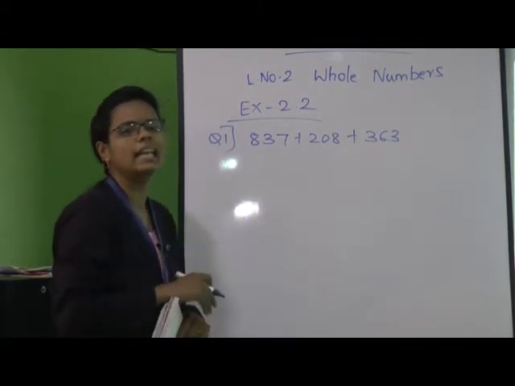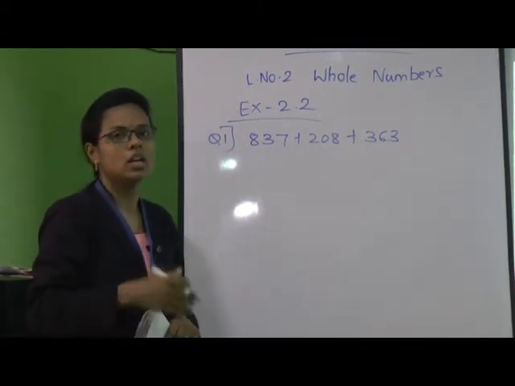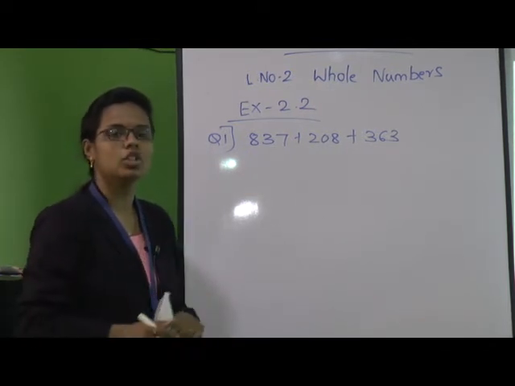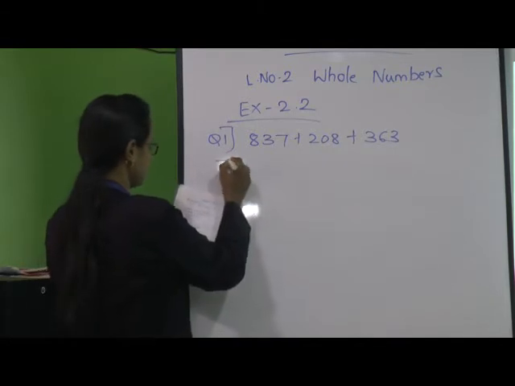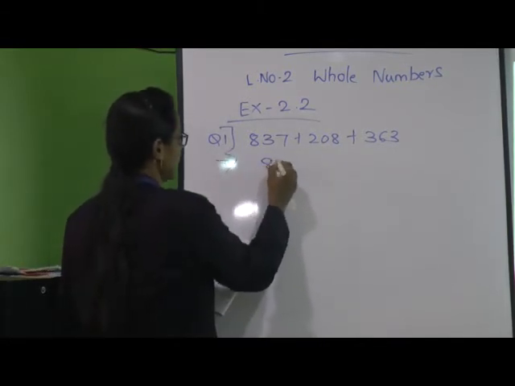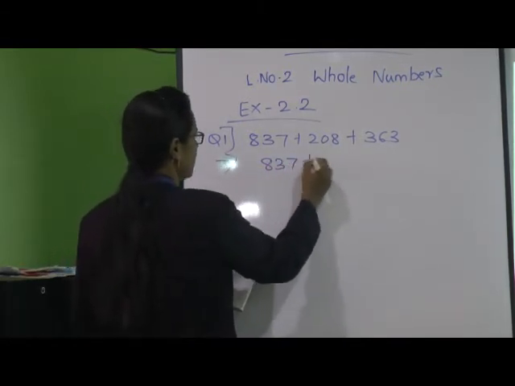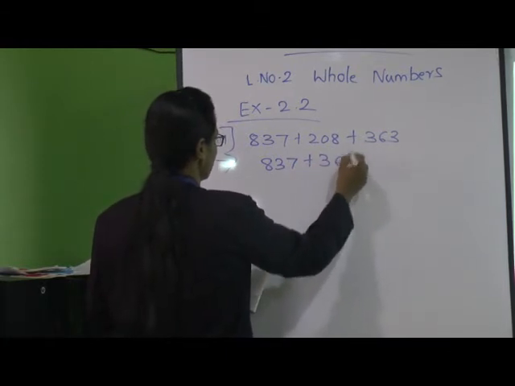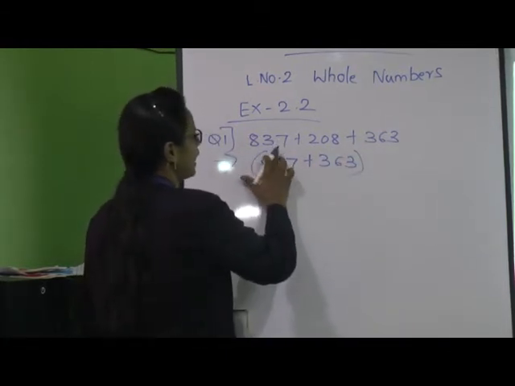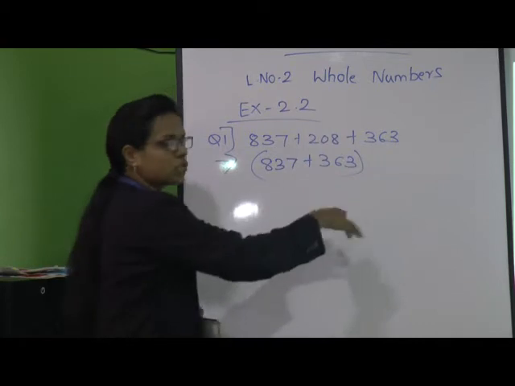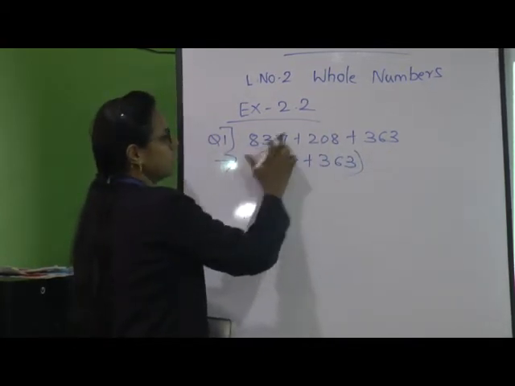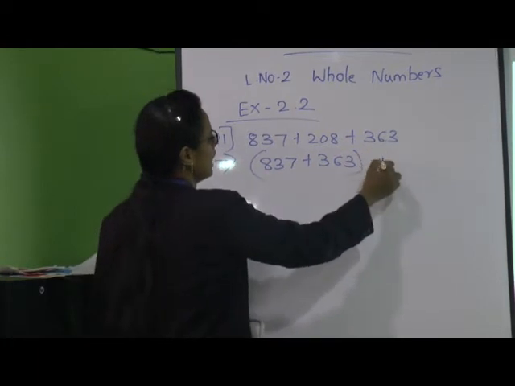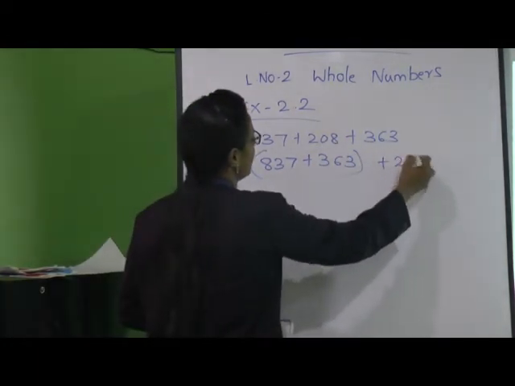In this way we can interchange or rearrange the numbers to find the addition of this particular sum very easily. Let us solve it. Now see, 837 plus 363. I have taken 363 which was the last number, I have taken here second. It becomes 837 plus 363 and remaining is 208.